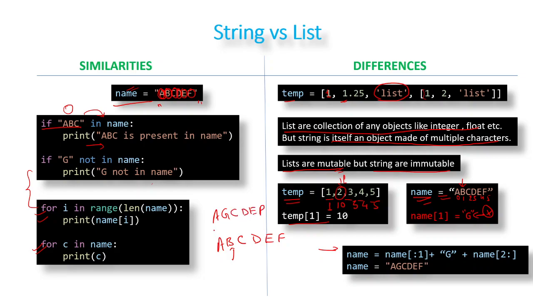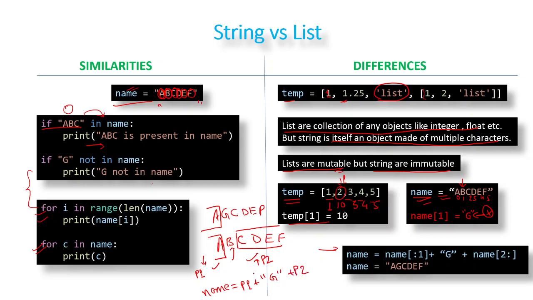What we are going to do is take everything from this place and cut this part, take everything from here and cut this part, and join these two parts with g. Suppose this is part 1 and this is part 2, and we'll assign name equal to part 1 plus g plus part 2.